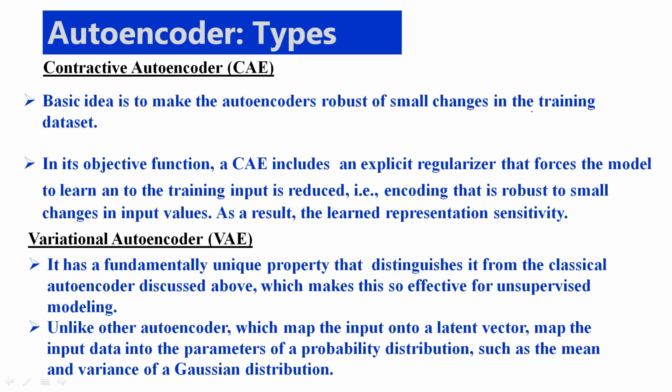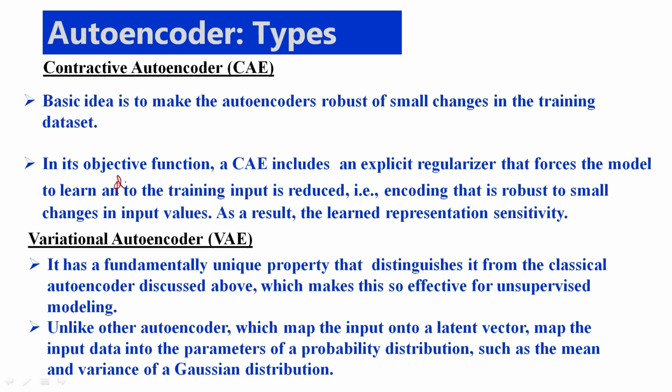The basic idea is to make the encoder robust to small changes in the training data sets. If you have a very small change in the training data sets, the encoder must be robust to that change. The objective function of this contractive autoencoder includes an explicit regularizer, and that will force the model to learn an encoding that is robust to small changes in input values.